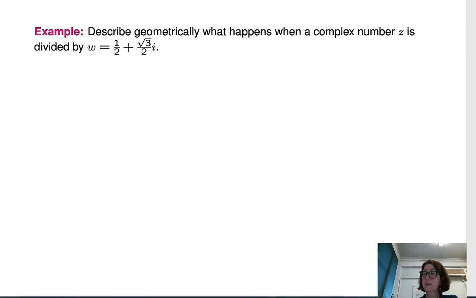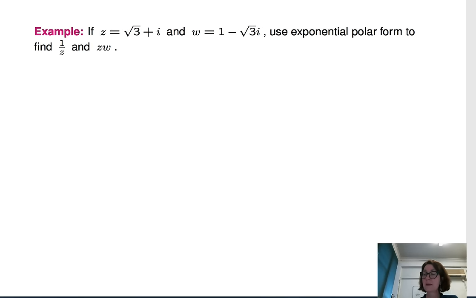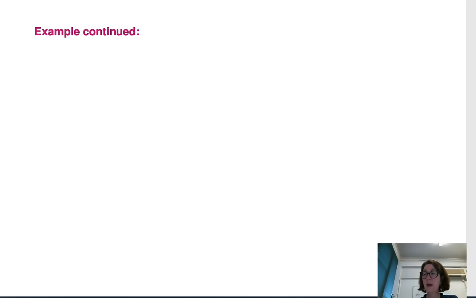So have a go at the next example. There's a couple of examples there for you to try, and again we'll talk about them when you come in on Thursday.